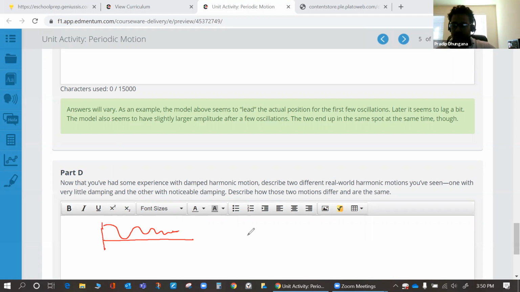Another one is less damping, or very little damping. Its motion can be like that. It does not need to be exact, but you can see that its amplitude is not decreasing that much, or it stays fairly the same.